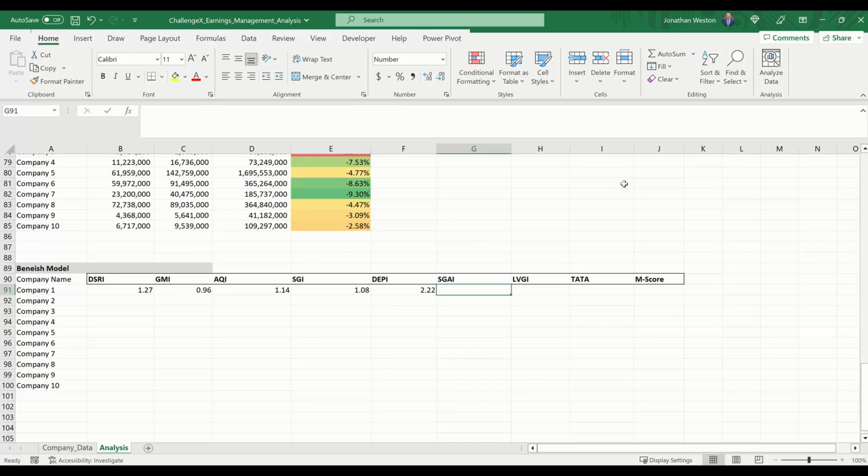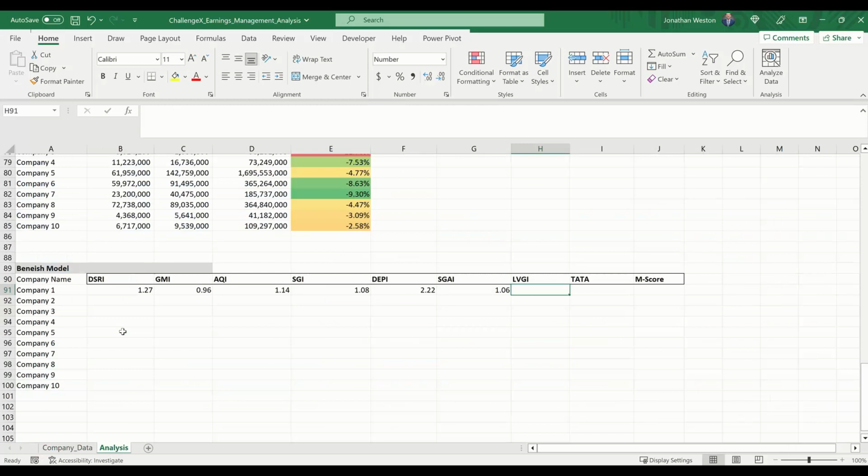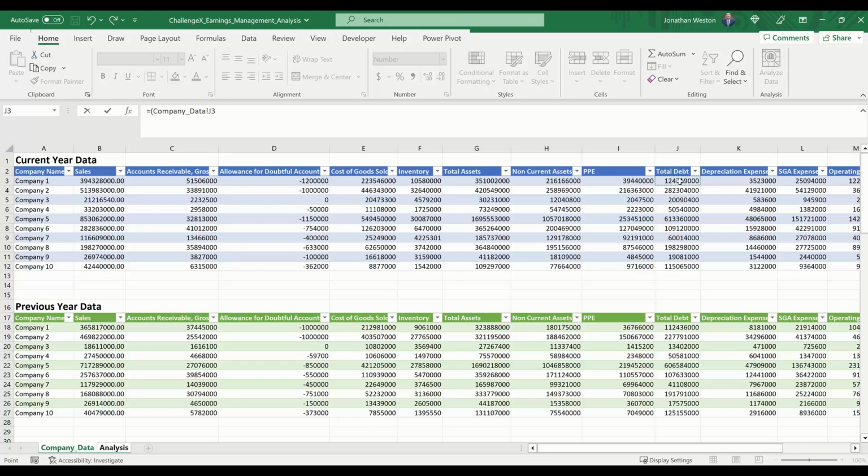Next, we have the SG&A expense index, which is the SG&A expense of the current year divided by sales, divided by the previous year. Next, we have the leverage index, which is total debt divided by total assets, divided by the previous year.